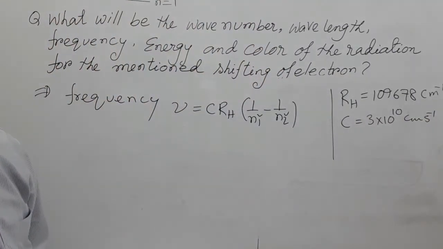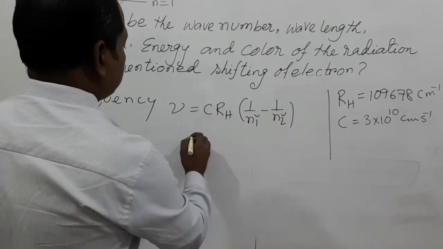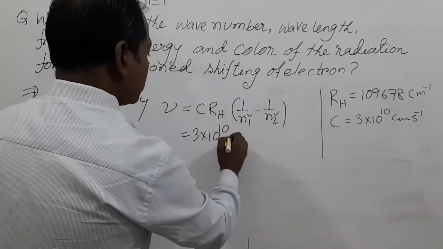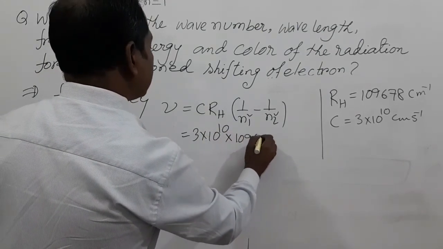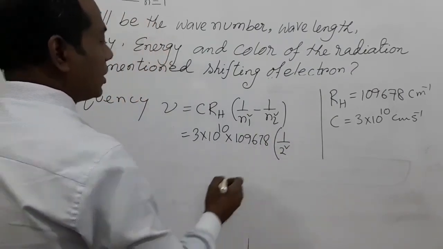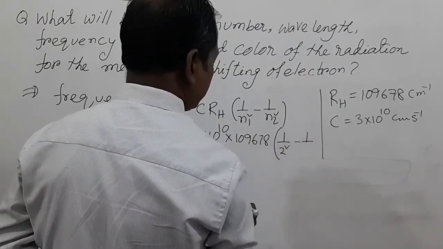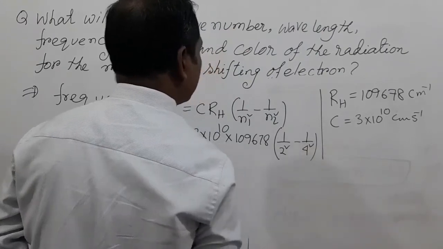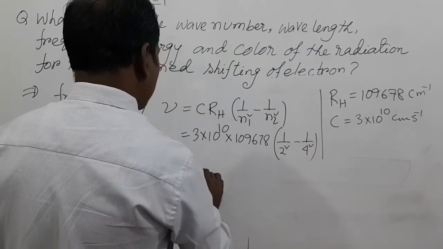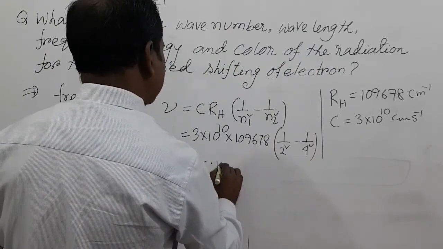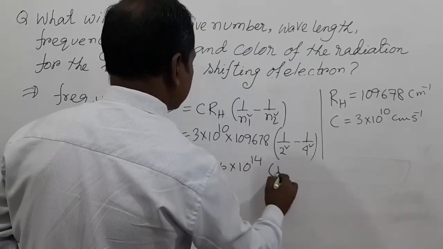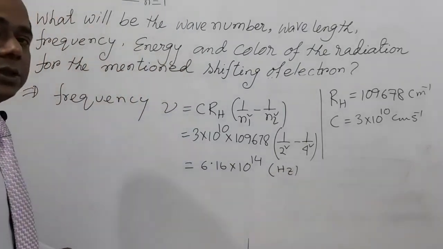Okay, my dear students. Now c equal to 3 × 10^10 times 109,678, and the value of N1 equal to 2, so we write 1/2² minus, with N2 equal to 4, 1/4², and the value is 6.16 × 10^14. The unit is hertz.